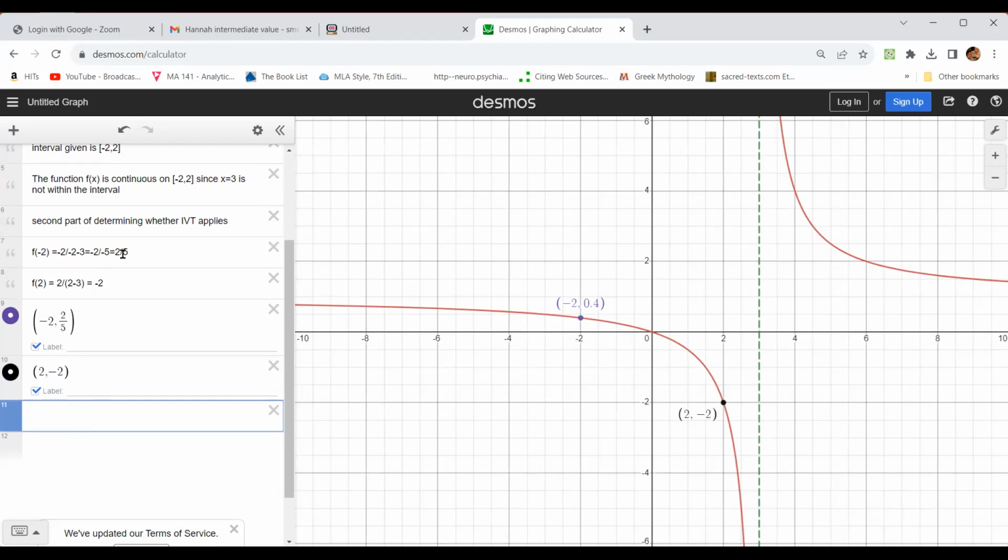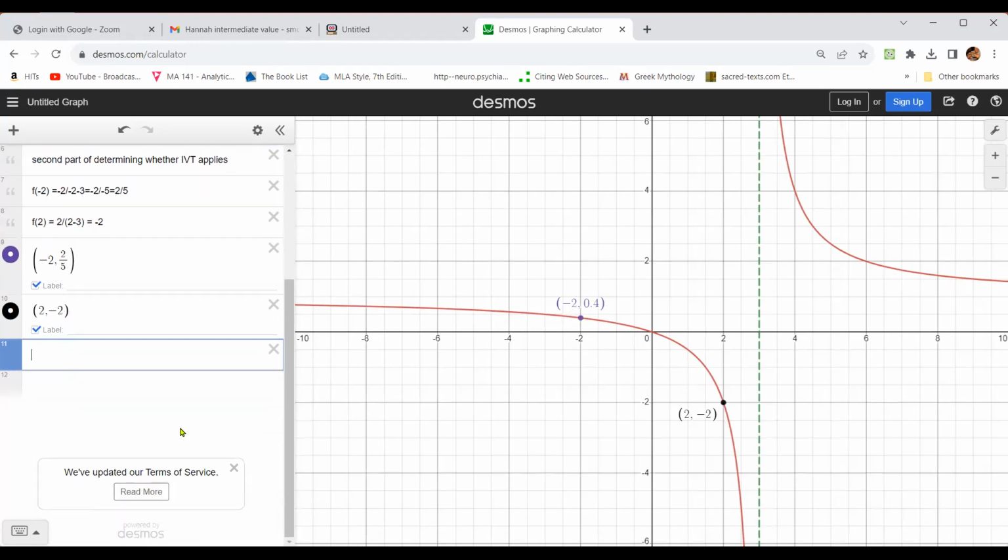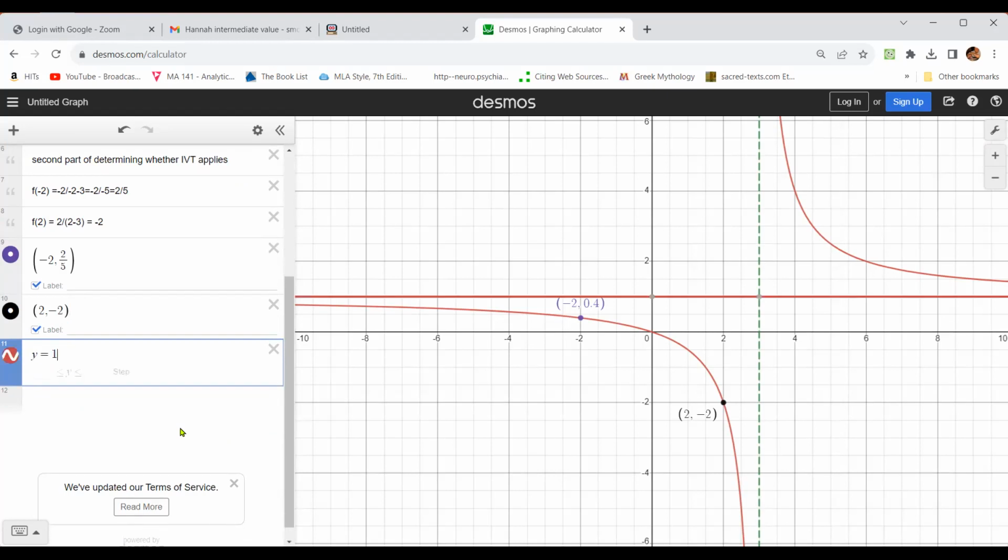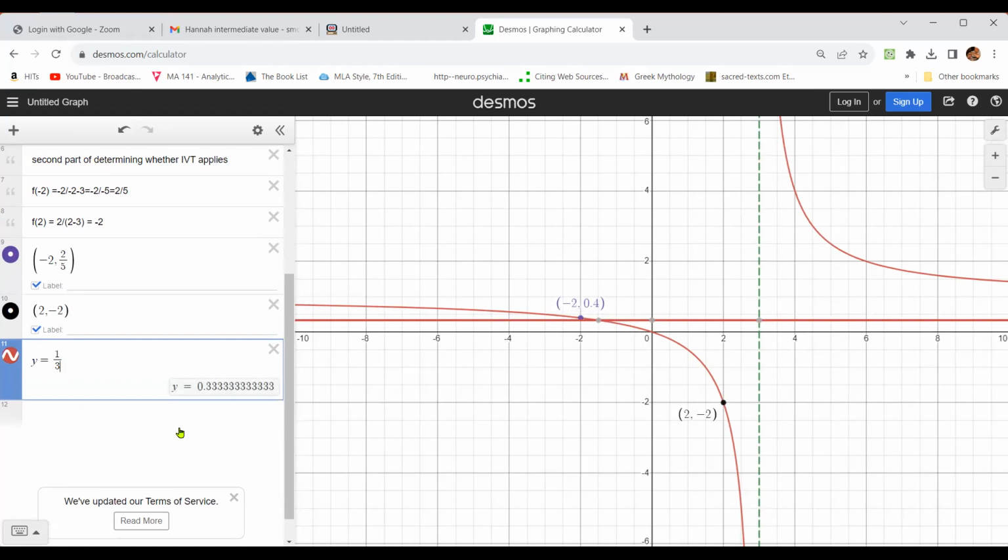We've seen a sign change. There's a value 0.4, there's a value -2. What we want to find out is, is there a value where y is equal to 1/3? That's what we want to do.